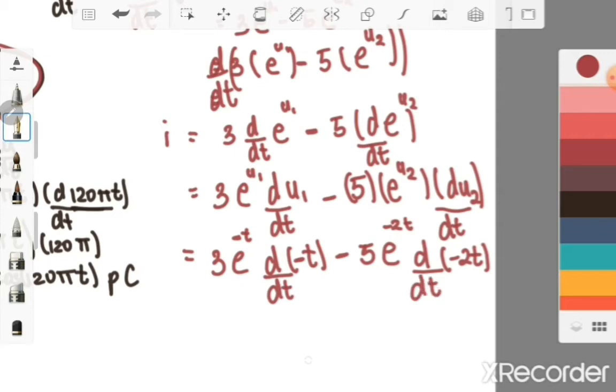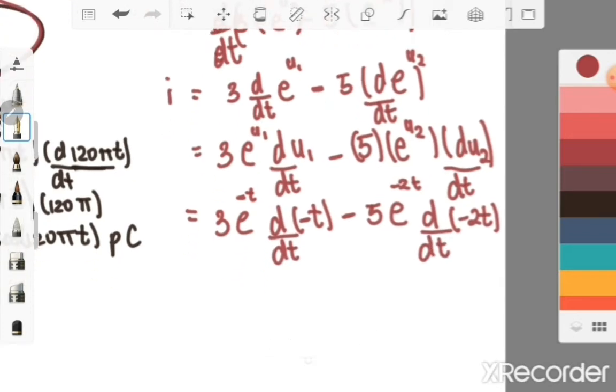So the derivative of negative t is equal to negative 1. Tama? So please recall your derivatives if you cannot understand the answer. So 3e raised to negative t multiplied by negative 1 minus 5e raised to negative 2t multiplied by negative 2.